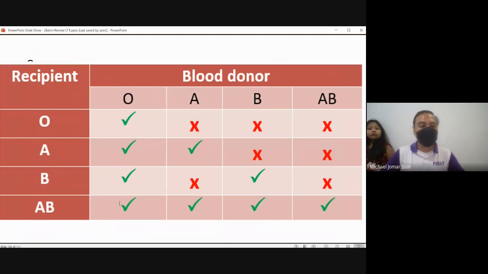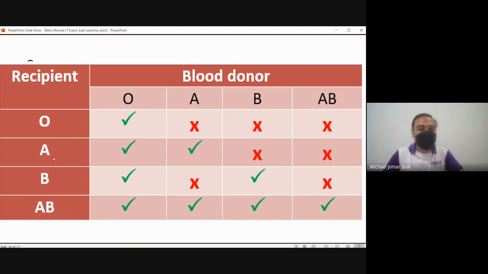So that's why we showed this already several times. So the O is the universal donor. You can give to all blood types. The AB is the universal recipient, because the AB can receive all different types of blood from O, A, B, and AB. So the O cannot receive from AB because of the presence of antigens here.